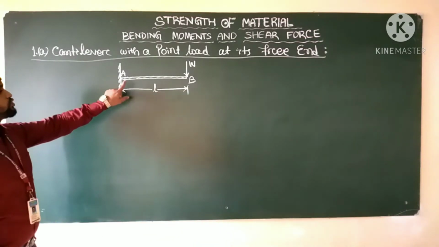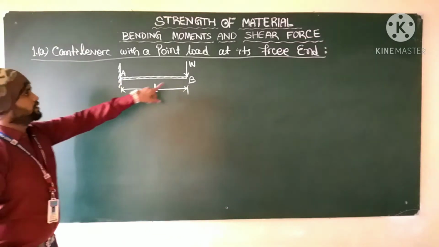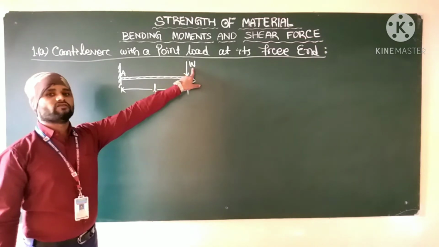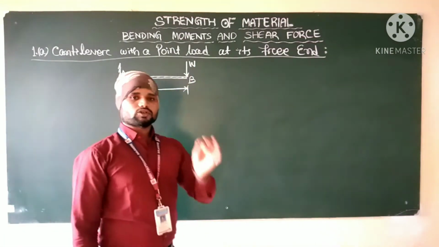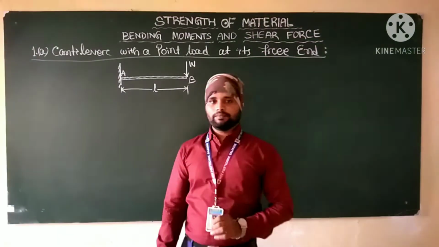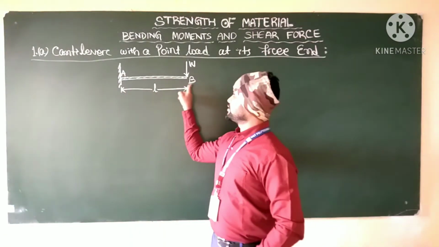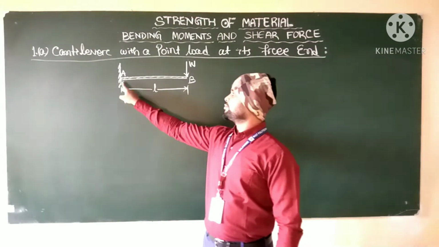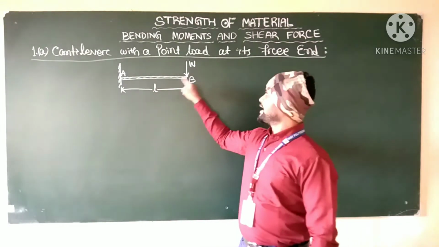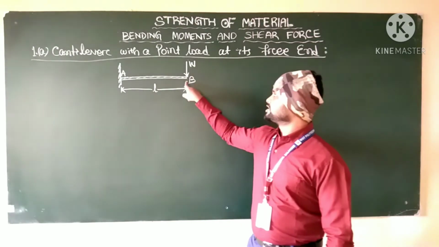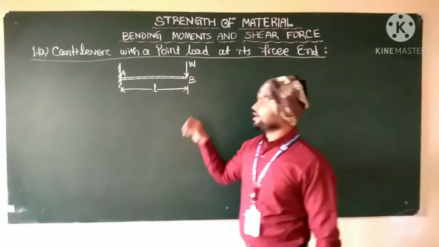These are examples of a cantilever beam with a point load at its free end. So what we have seen? Let us consider a cantilever beam AB of length small l, carrying a point load W at its free end B.